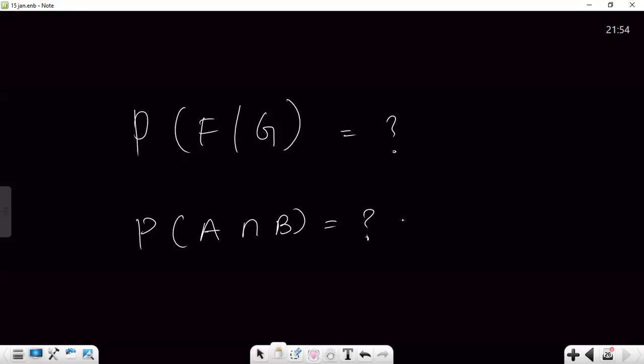A intersection B, sir. So this is also saying that we are finding the probability of events A and B occurring simultaneously.